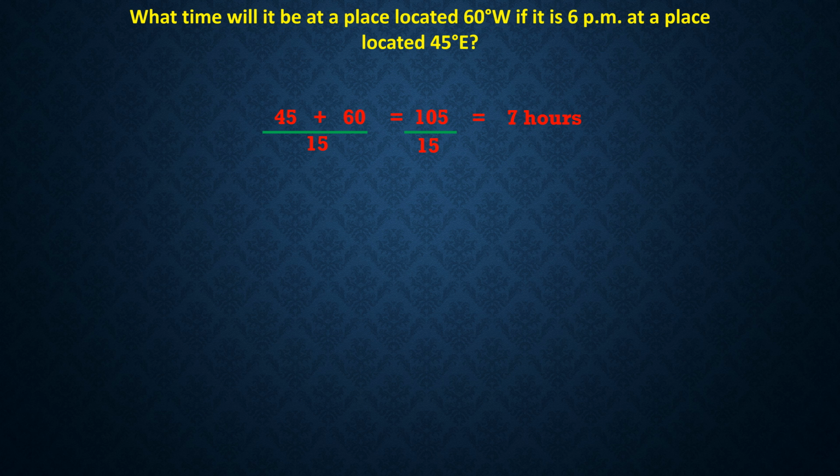Okay, let's pause for a while. What direction is 60 degrees west of 45 degrees east? Obviously, it is actually west of 45 degrees east, right? As it already implies.